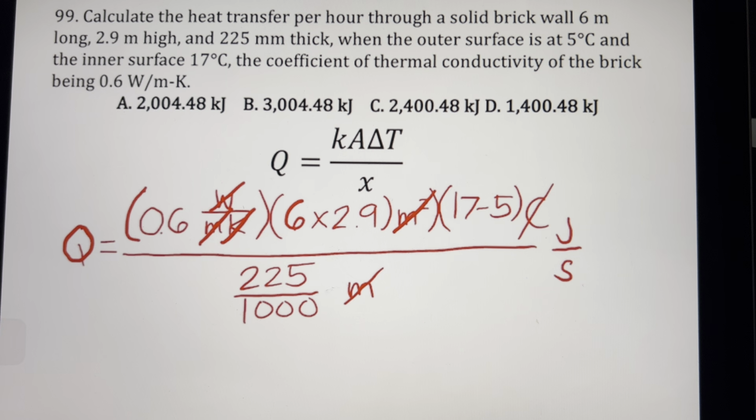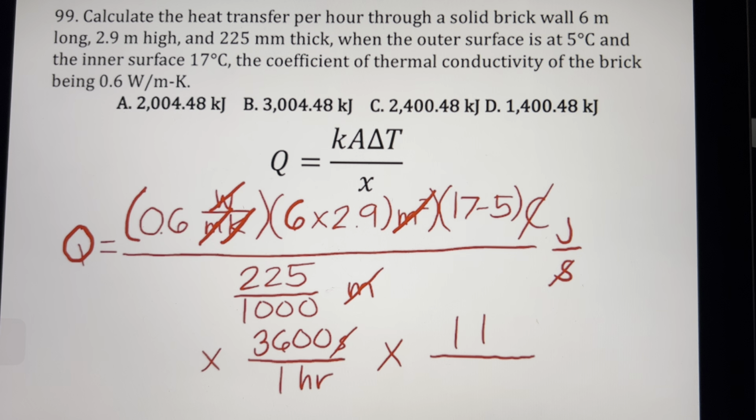But we are asked here for the heat transfer per hour. So we must multiply 3,600 seconds per 1 hour. Cancel. So the remaining answer will be in joules. But as you can see, the choices are in kilojoules. So we must integrate another conversion factor. We know that 1 kilojoule is equivalent to 1,000 joules.